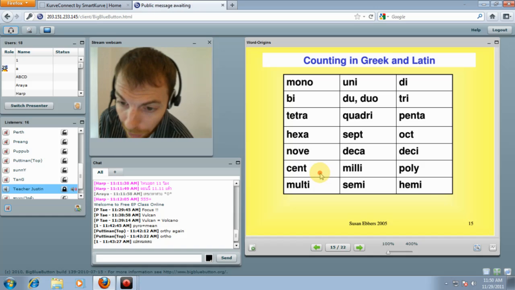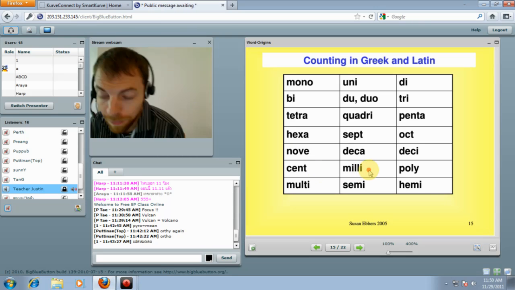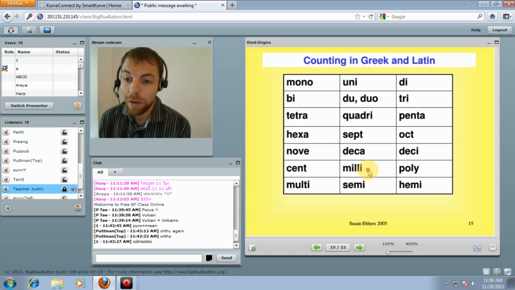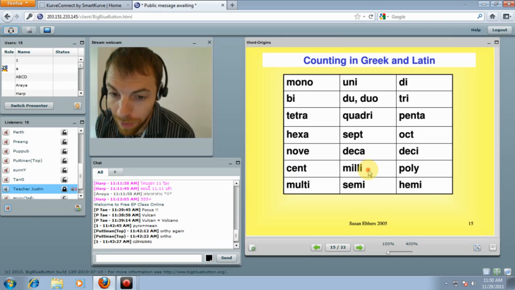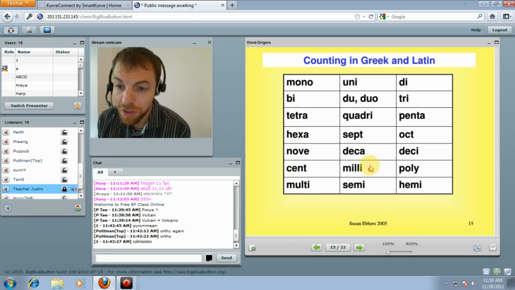Okay, also more math words. Milli, like a millimeter, which is a measuring, and it's a very, very small millimeter. But milli actually means 1,000.